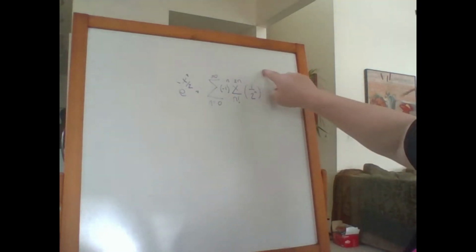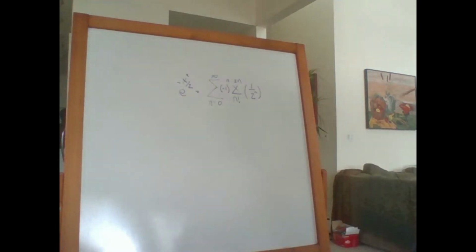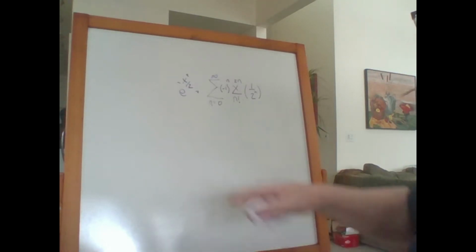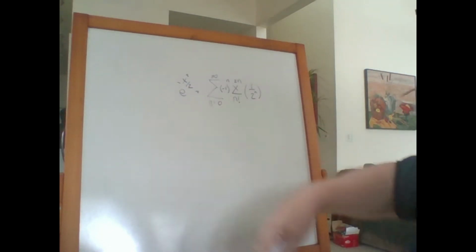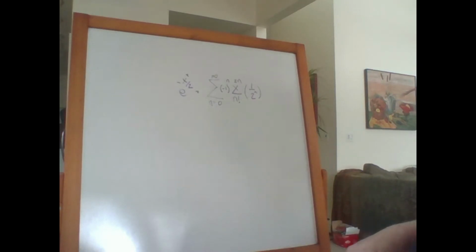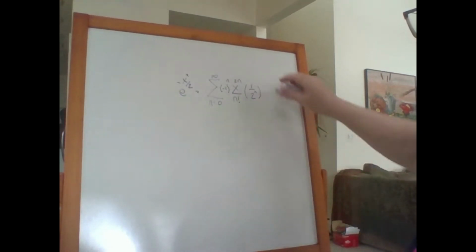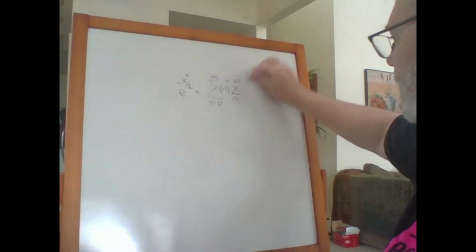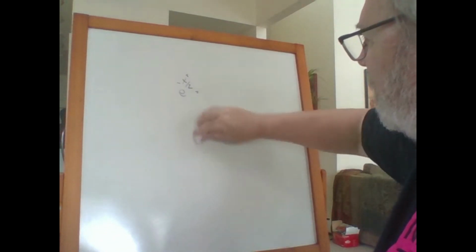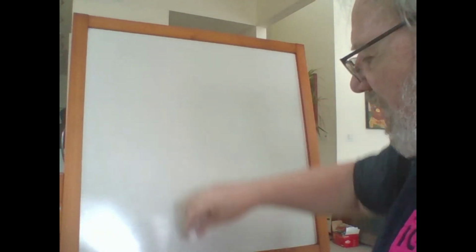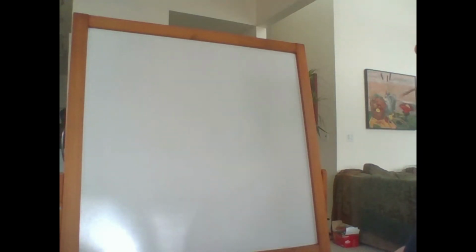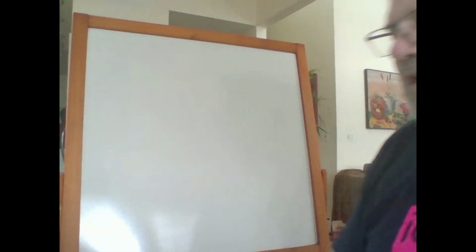So this is one of the utilities of being able to find a power series or polynomial for a function, and in this case, a function that you're not going to be able to integrate. So I just wanted to mention that because I think that's an important thing to keep in mind, especially as we move on and take a look at integration.